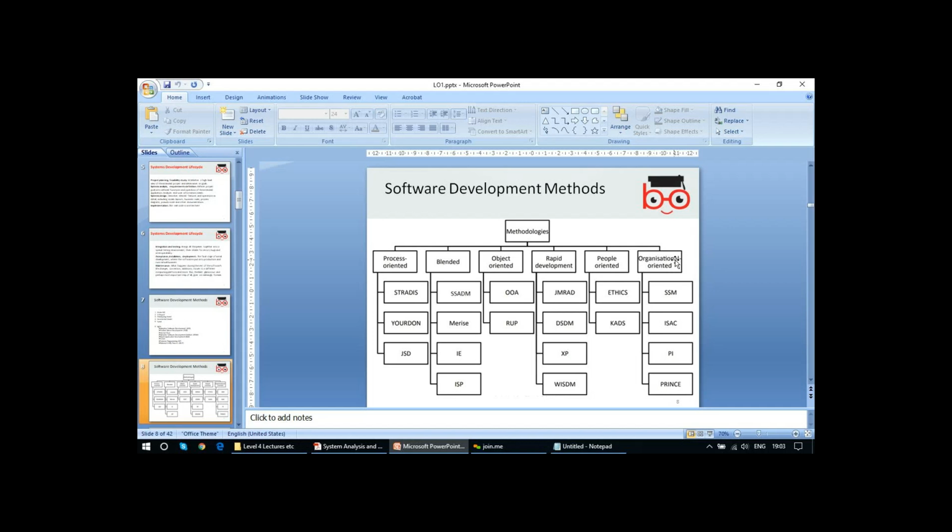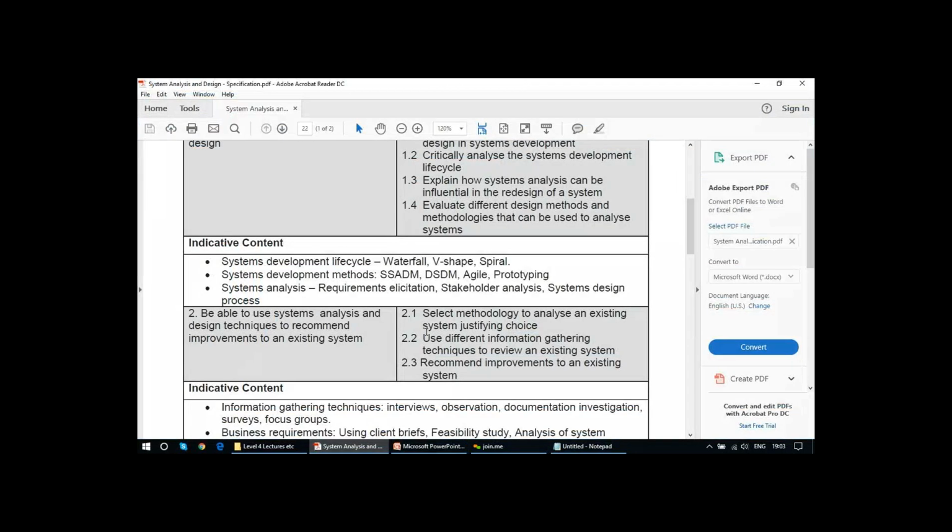Please make it clear that this is not an approved classification, but some of the writers say it this way. For example, the methods we need to discuss, like they have listed here, are SSADM, DSDM, Agile, Prototyping, Waterfall, V-shape, and Spiral. Just a touch on 5 or 6, right?